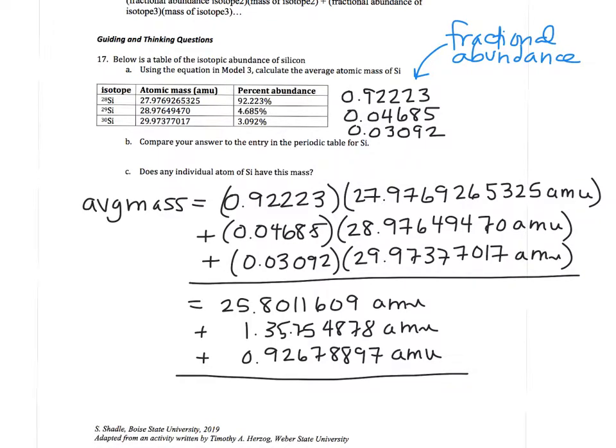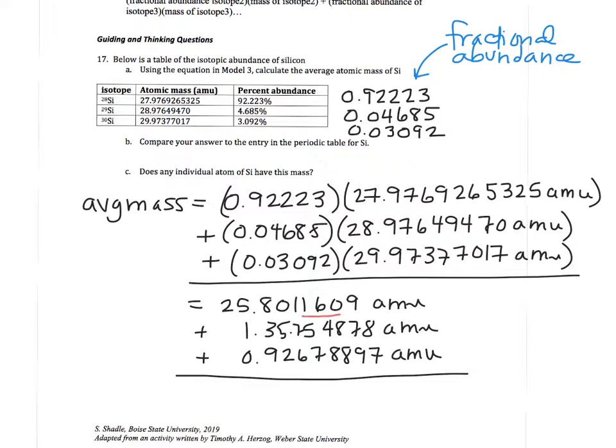So here are the 3 values we end up with. This number comes from the first multiplication, the second number from the second line, and the third number from the third line. Let's stop and figure out our significant figures. In the first step, our first value had 5 significant figures, and this one has way more than 5, so this is going to be limited to 5 sig figs.